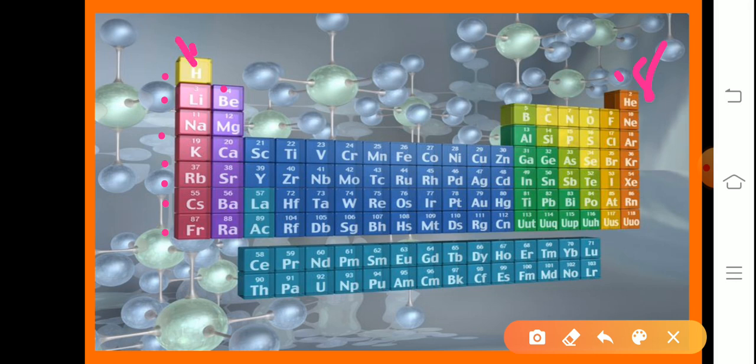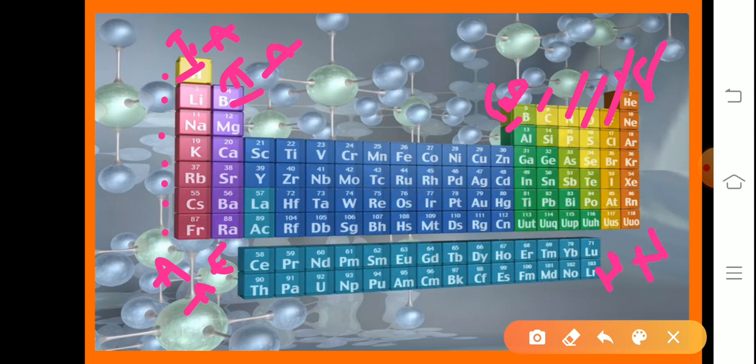As you know, first A group elements are called alkali metals, and second A group elements are called alkaline earth metals, and this is the third A group elements called boron family, fourth A carbon family, fifth A nitrogen family, sixth A oxygen family, and seventh A group elements are called halogens, and the final one, 8th A or 18th group elements are called noble gases, also called zero group elements.